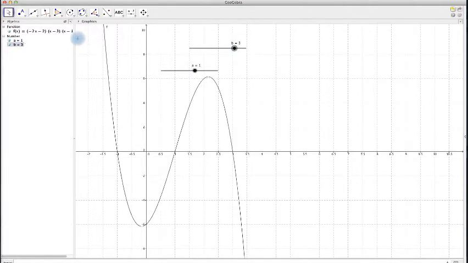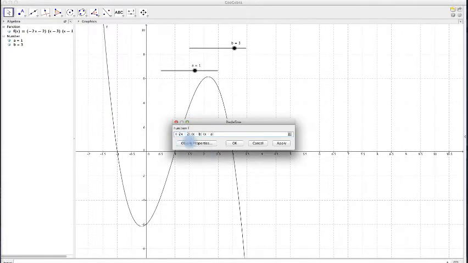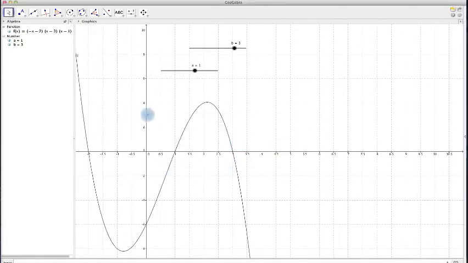So here we go, I've got negative 2x minus 2, x minus 3, x minus 1. And look what's happened. The graph has flipped over.